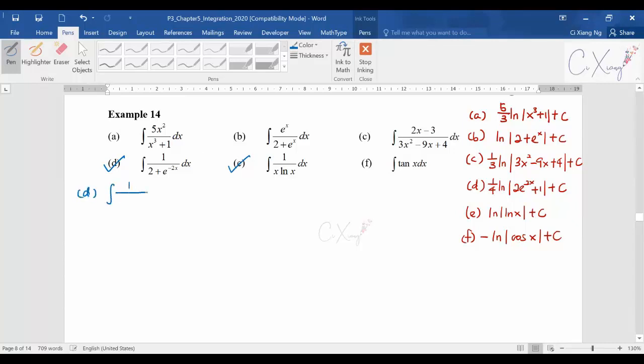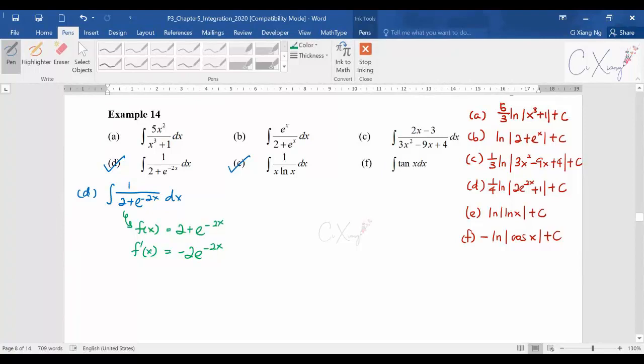When I want to integrate this example, this one will be fx. So fx is 2 plus e negative 2x. When you want to do the differentiation for the denominator, differentiate 2 you get 0, differentiate e power negative 2x, you get negative 2e negative 2x.